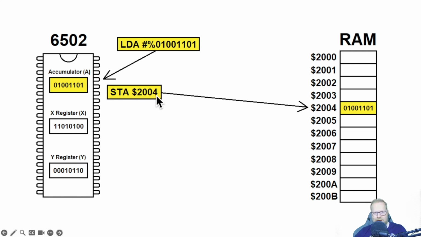That's a memory address. So first loading this number into the accumulator, then STA stores whatever's in the accumulator in that memory address. That means we just put it in here at that specific memory address. So that's a very, very simplified version of how assembly language works. But like I said, basically we're juggling numbers around.